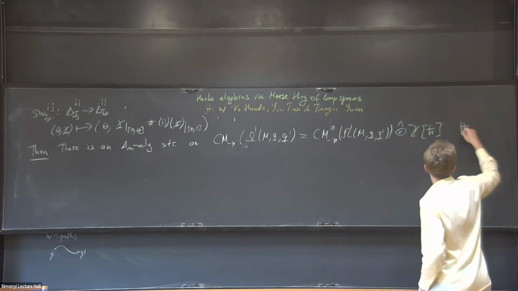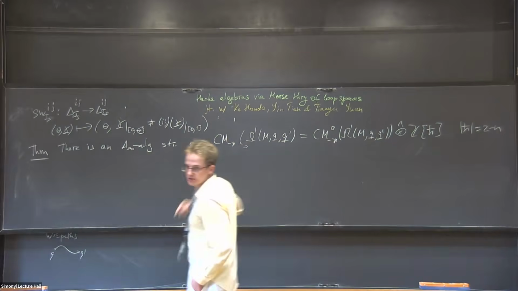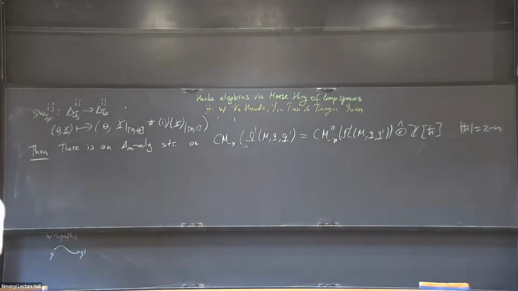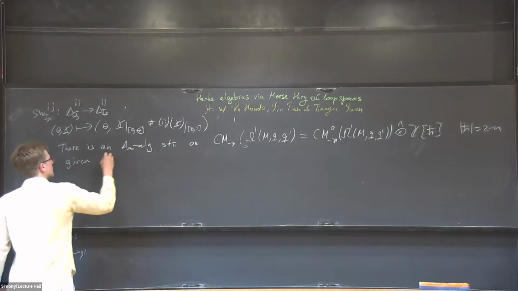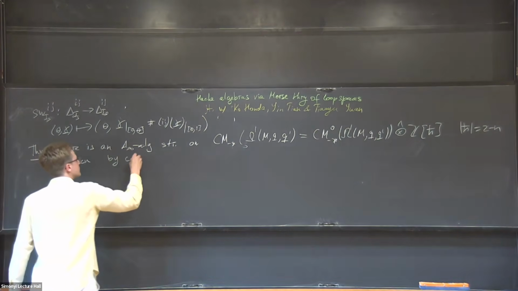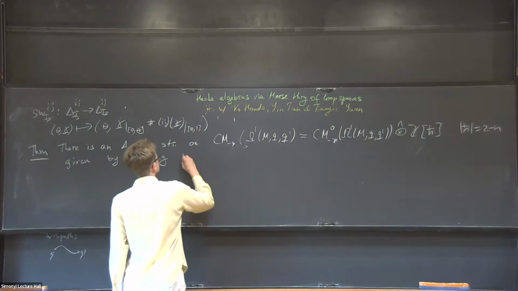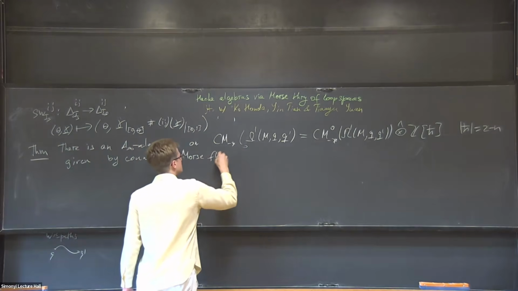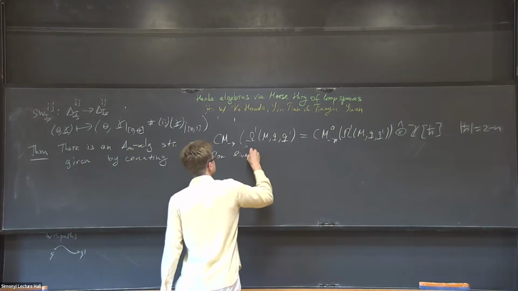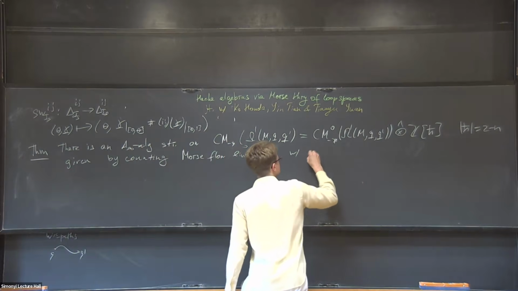The variable is again of degree 2 minus n. This is the model generated by tuples of critical points, given by counting Morse lines in trees with switches.